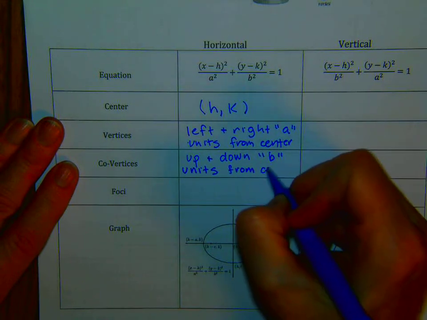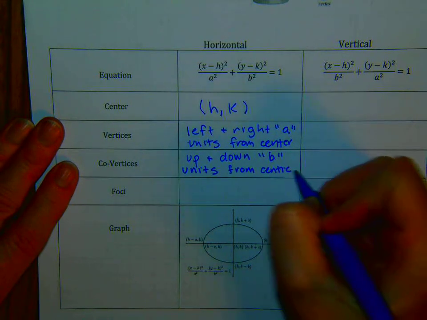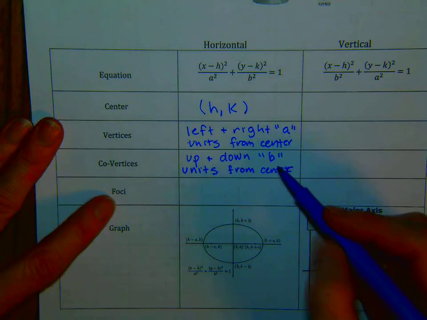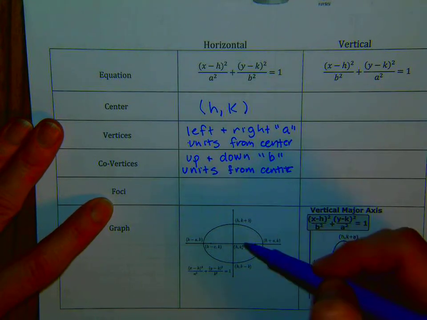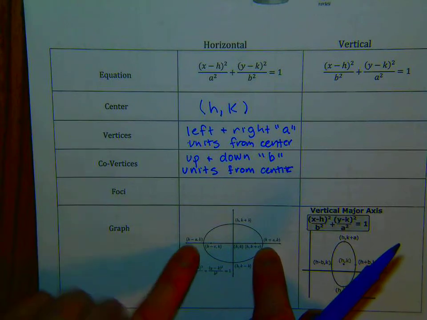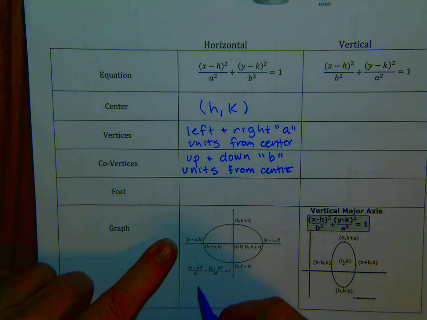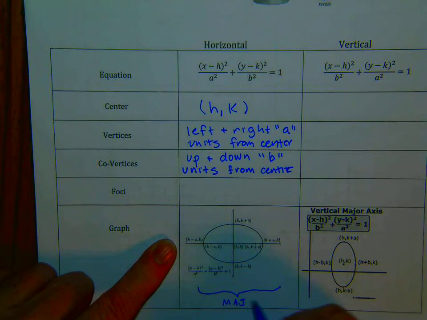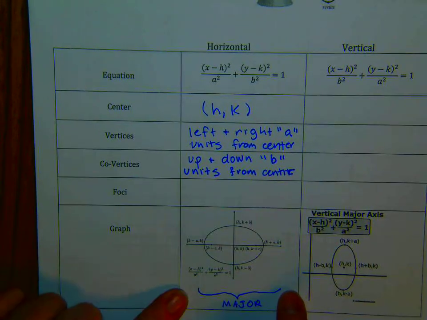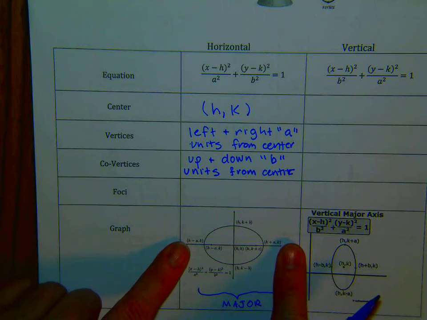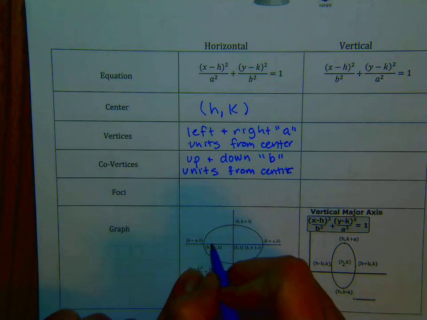And the foci are going to be along what we call the major axis. Okay, this is the major axis. And of course, on a horizontal ellipse, that's where we find the major axis. And c units, I'm going to color them in a little bit deeper there.